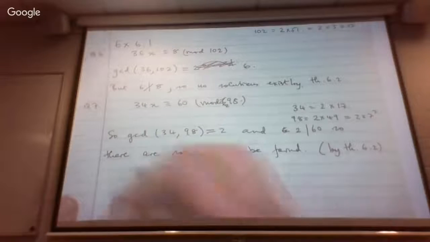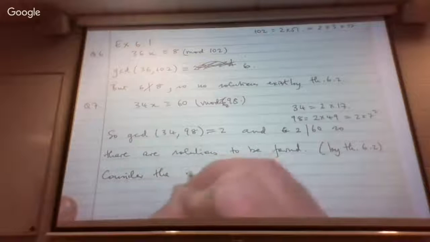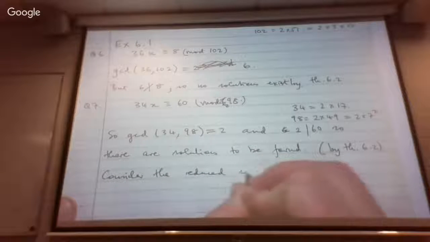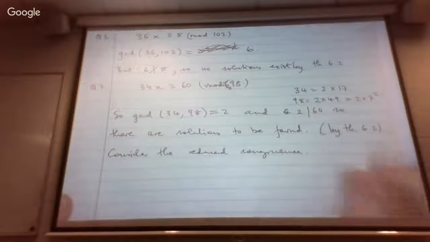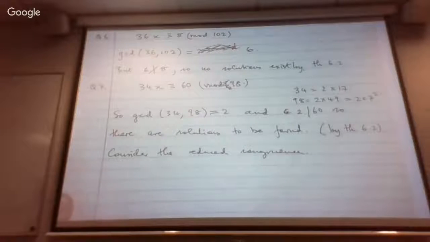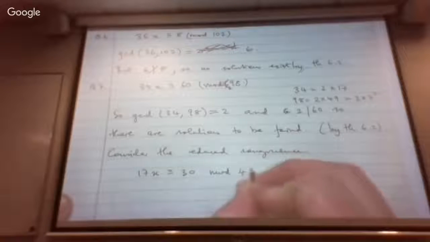And so the way to find them is we consider the reduced congruence. Divided congruence, where you divide across by this GCD. So then we're considering 17x is congruent to 30 modulo 49.